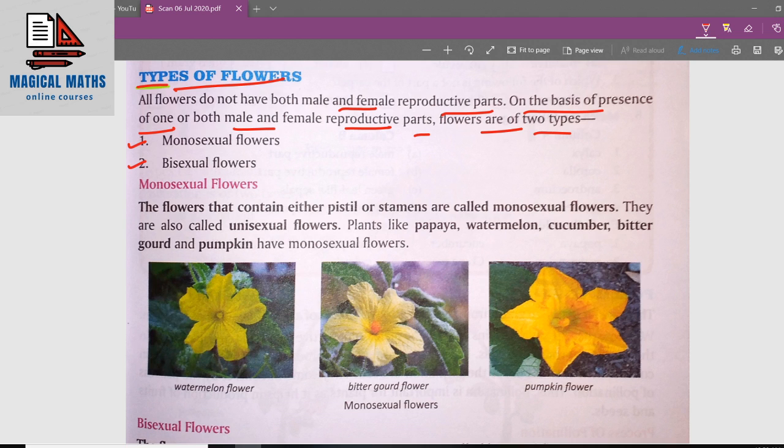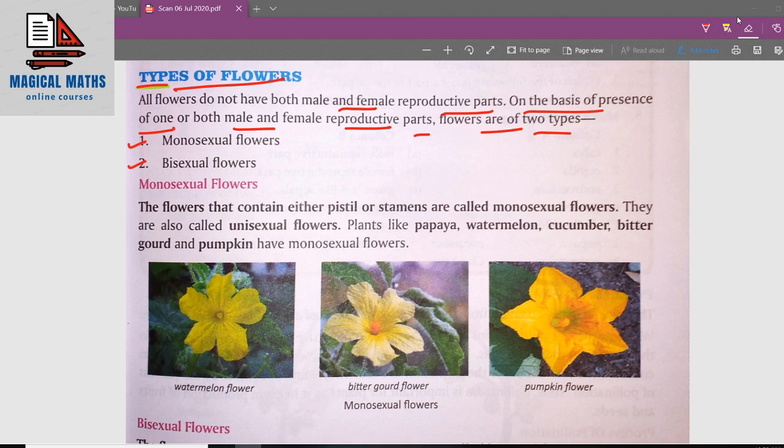So all the flowers do not consist of both the male and female reproductive parts, so on this basis we have categorized flowers into two types: monosexual flowers and bisexual flowers. Now we will discuss both of them one by one.